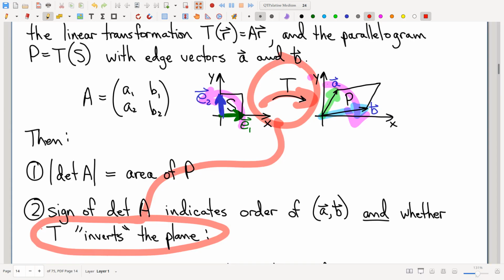And I like to use this word inverts because you don't have to think of this as a reflection. This would be a reflection through a line, maybe about like so. Of course, you got to do more stretching and shearing and whatever. But you can think of it as a reflection, or you can think of it as a flip. Flipping it over. And take your pick. You can think of it in either one of those ways.